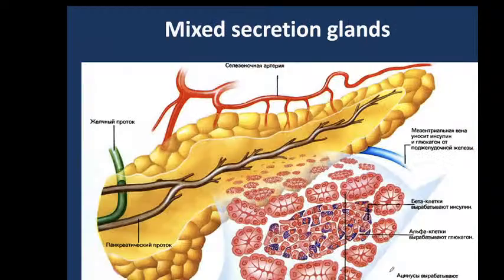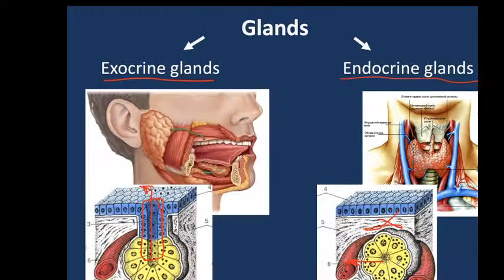It means that there are no ducts, no tube connecting endocrine glands with the hollow organ, with the space, with the cavity in hollow organs, or no connection to the external environment for endocrine glands. So that is the difference.